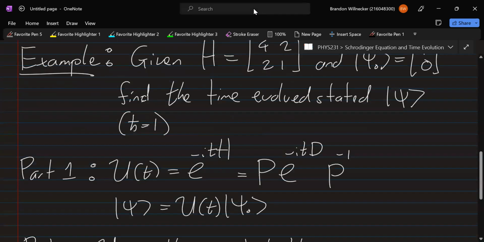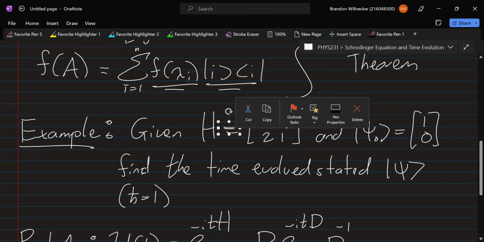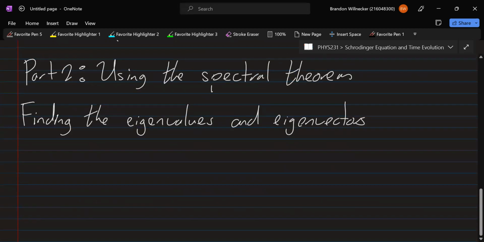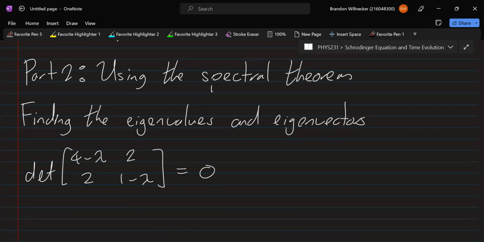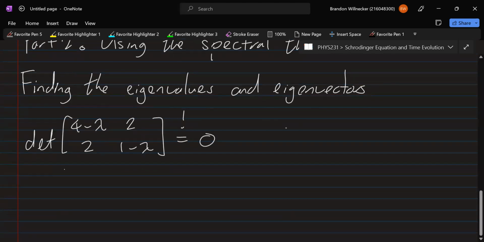Okay, so we know H is 4, 2, 2, 1. We need to find the determinant of 4 minus lambda, 2, 2, 1 minus lambda, and we set that to 0. We want the determinant to be 0. So we're going to get (4 minus lambda)(1 minus lambda) minus 4 is equal to 0.